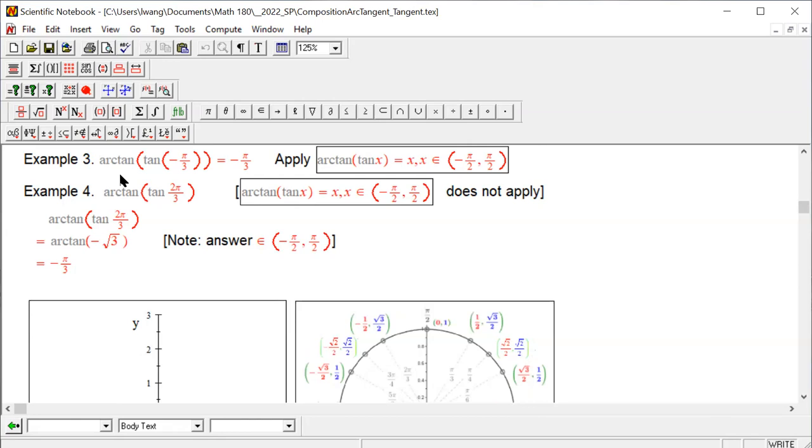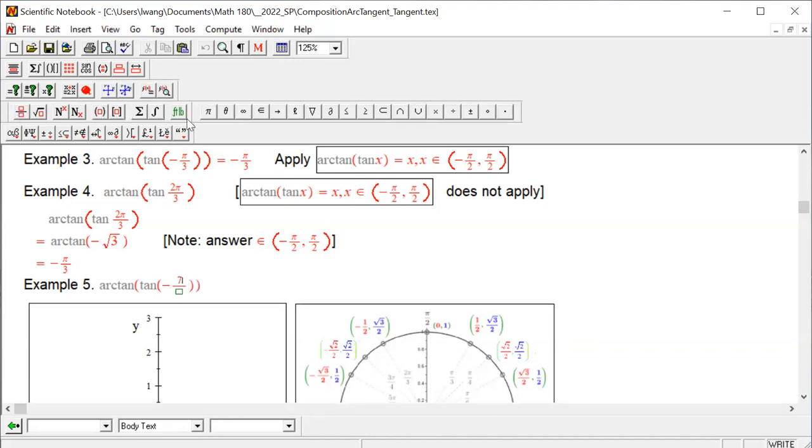Let's look at another one. Example number 5: arctan of tan of negative 7 pi over 6.